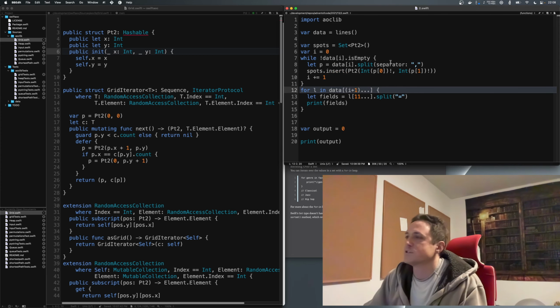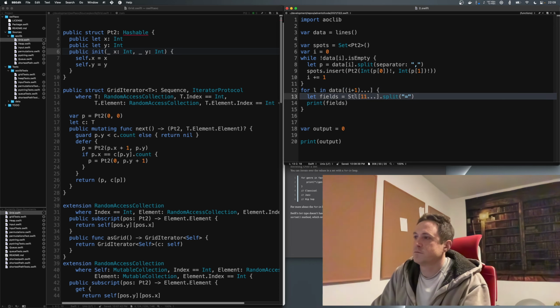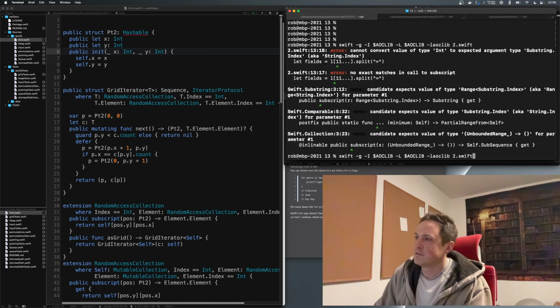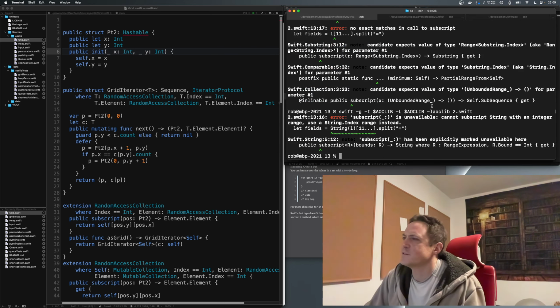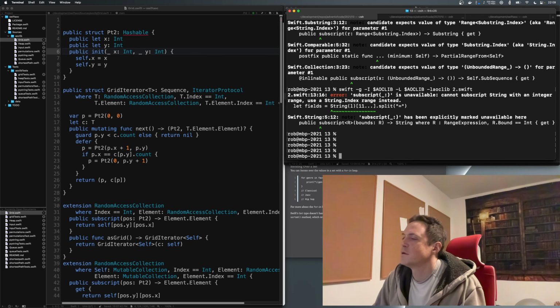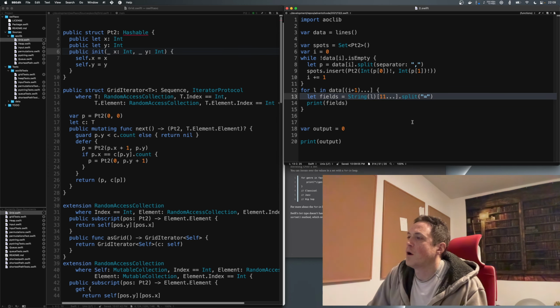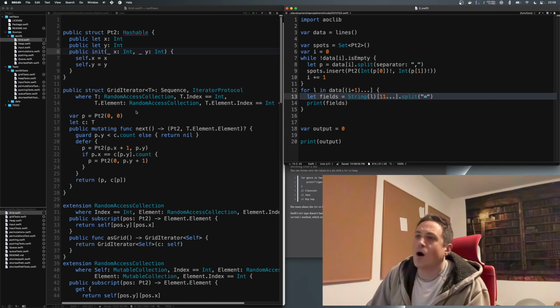Oh, because it's a substring, isn't it? Well, no, that doesn't make any sense. Does it? No, it's just... Oh, that's right.